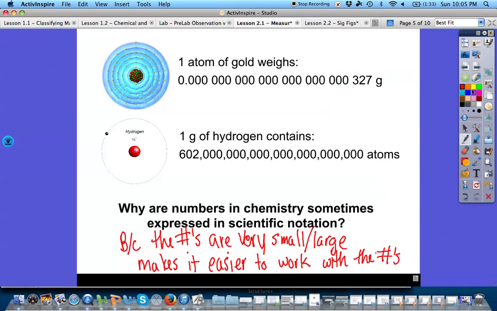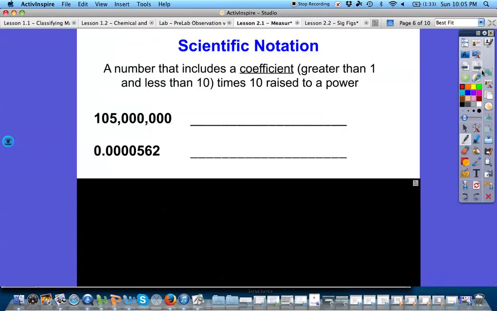So let's just review using scientific notation. A scientific notation is a number that includes a coefficient, which is the number in front of the decimal, that needs to be greater than 1 and less than 10. And then you will multiply that by 10 raised to a power. So we have 105 and we have 6 zeros behind it.